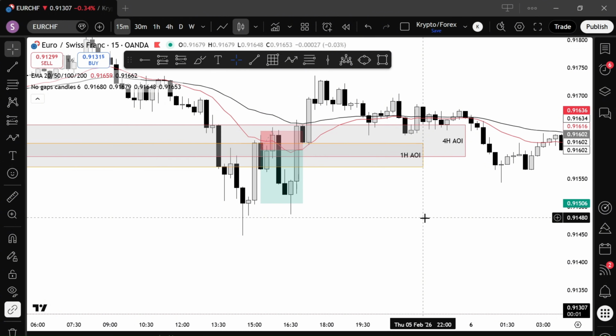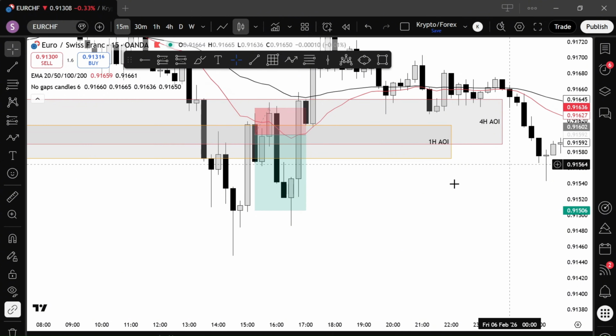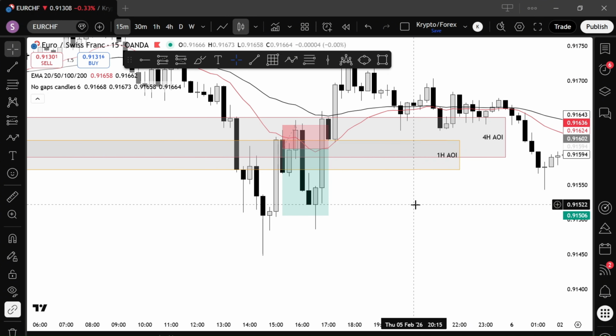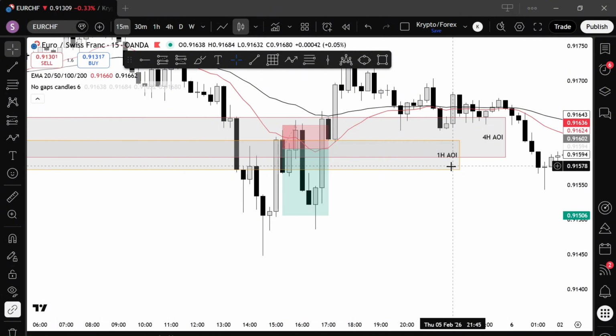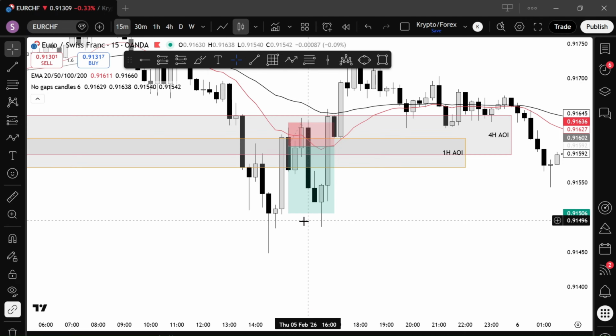This trade on Euro CHF was a really special trade. We had a 4-hour area of interest and a 1-hour area of interest. So not as usual, we usually have a daily area of interest, but I just couldn't find a valid daily area of interest. So I found a 1-hour, and it would have been a really short trade.